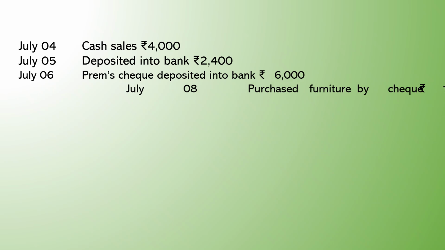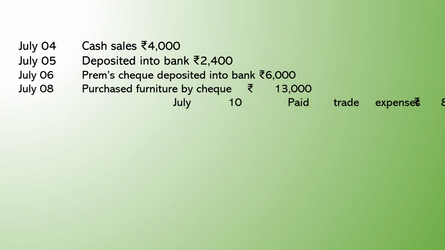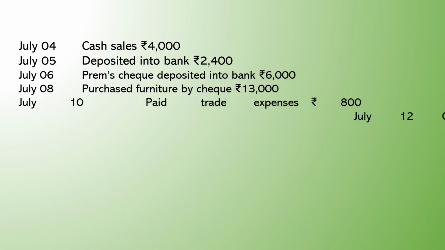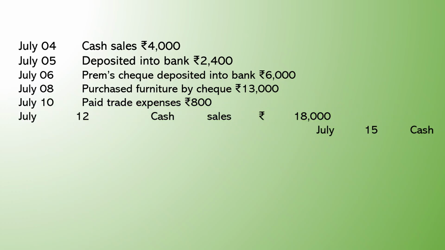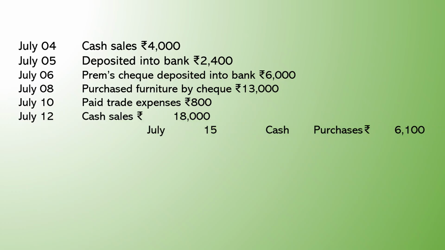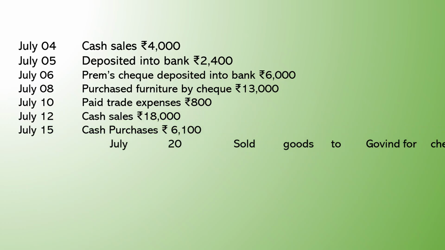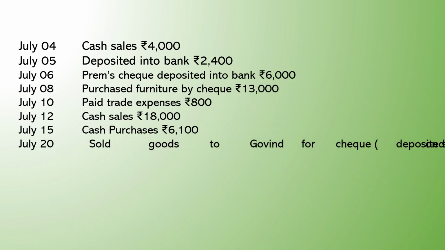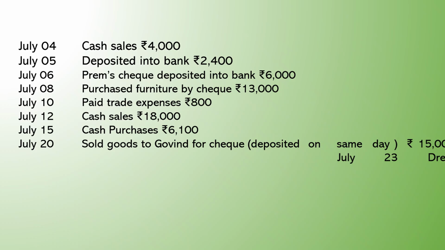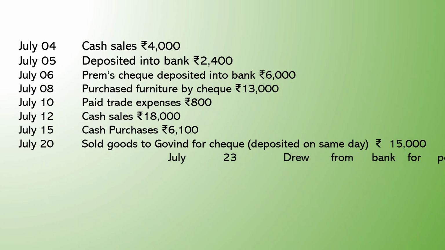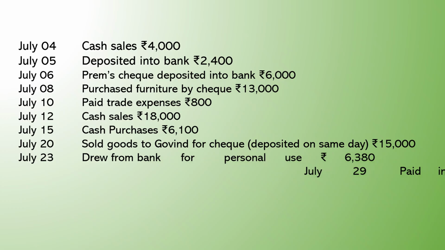8th July. Purchased furniture by check 13,000 rupees. 10th July. Paid trade expenses 800 rupees. 12th July. Cash sales 18,000 rupees. 15th July. Cash purchases 6,100 rupees. 20th July. Sold goods to Govind for check, deposited on the same day, 15,000 rupees. 23rd July.